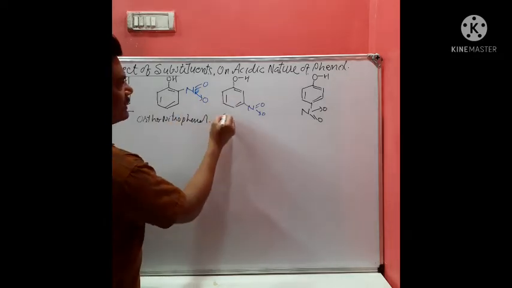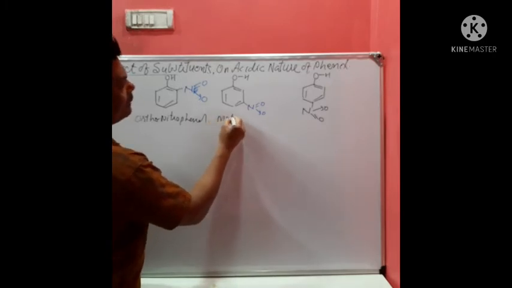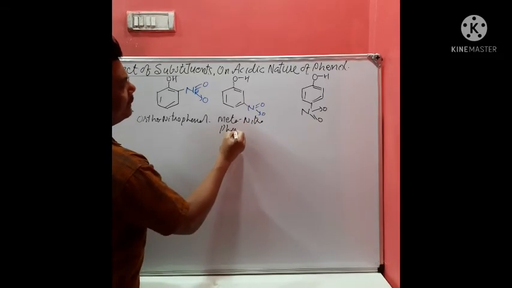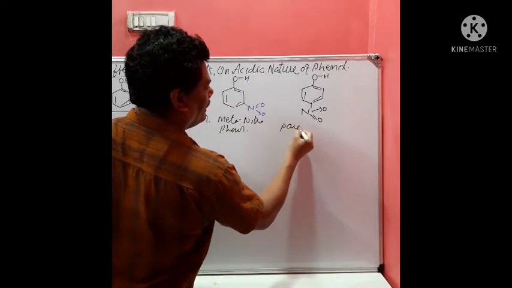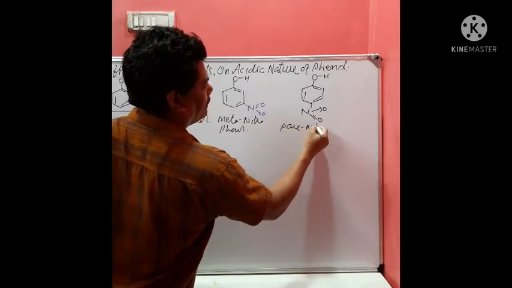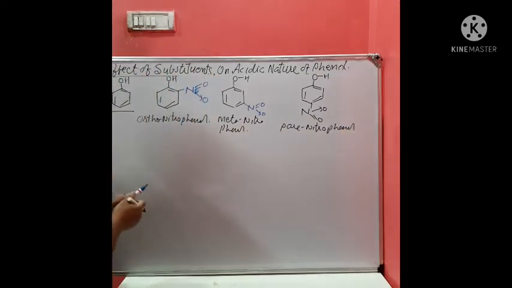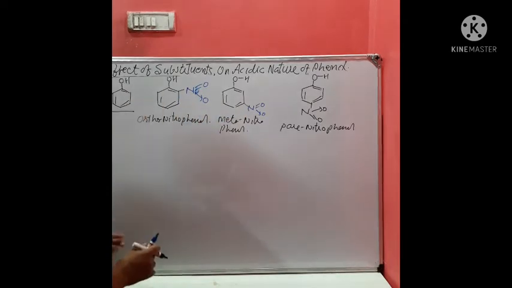This one is meta nitrophenol. Okay, and this one is para nitrophenol. Okay, this is on the basis of attachment of electron withdrawing group.